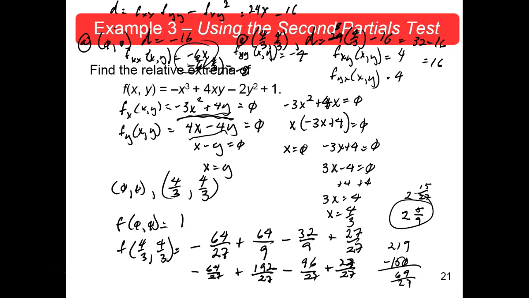D has to be positive for it to be a relative extremum. And if f sub xx is positive, then it's going to be a relative minimum. If it's negative, it's going to be a relative maximum. Okay. So let's see if we got it right.